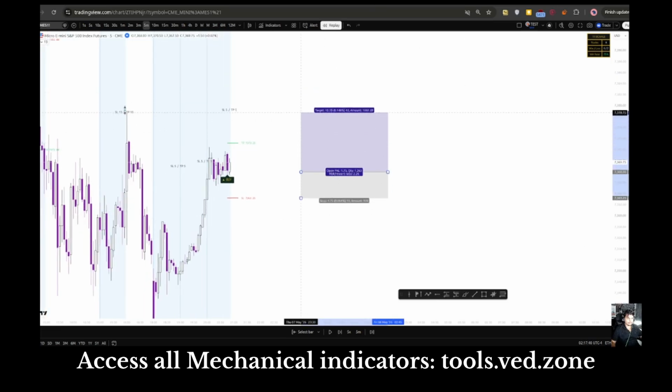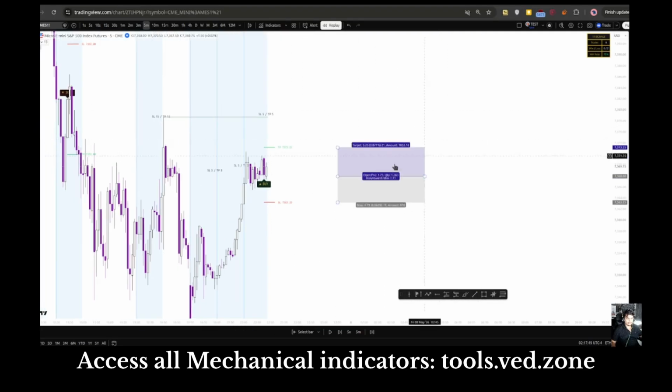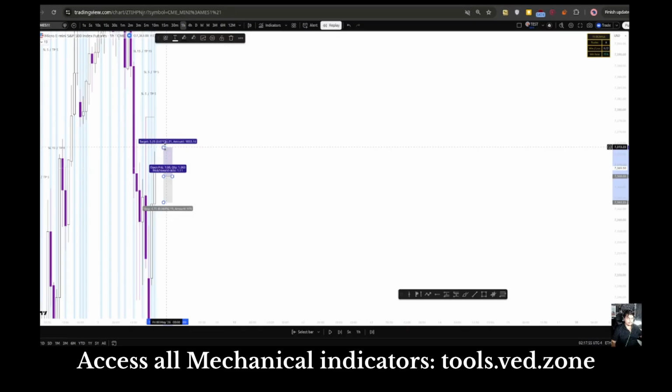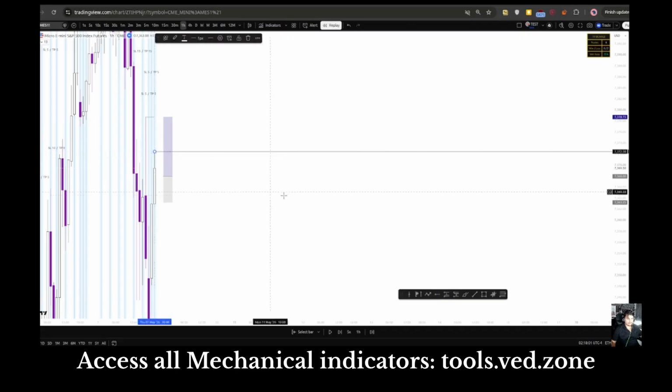I could have targeted here as well, right? That would be my second take profit. This high looks so tempting. Look at the 1 hour. Yes, this looks so tempting, right? But the majority of our profit will be at this high.